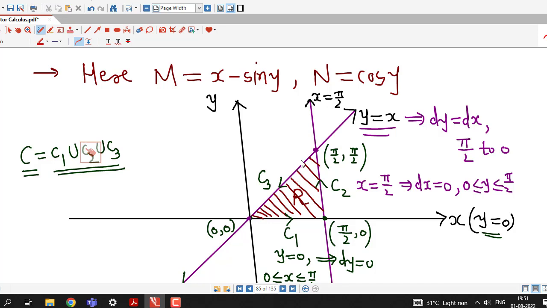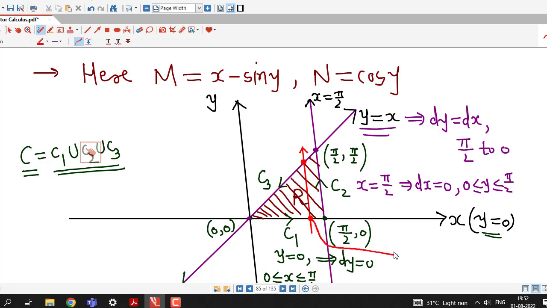So suppose I want to integrate with respect to y first, then I will consider a vertical line passing through the region of integration. To decide the limits of integration for double integral, I consider a vertical line passing through the region, and I concentrate at the points at which line enters the region and line leaves the region.